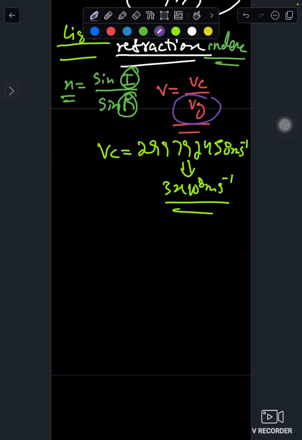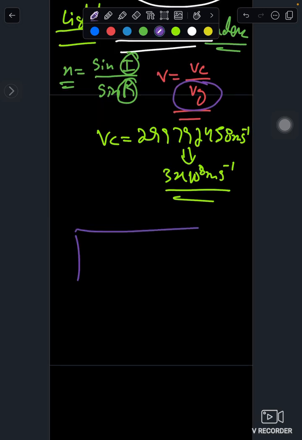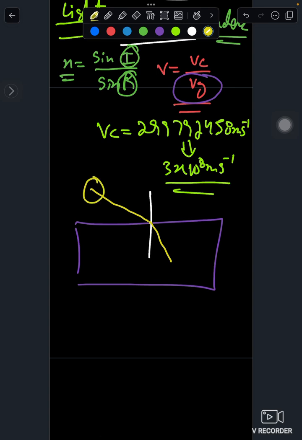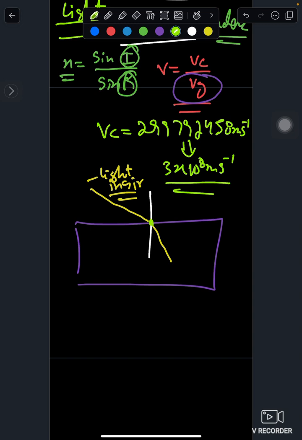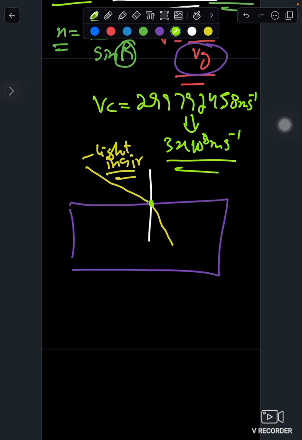Let me first tell you what refraction is. When light travels from one medium, this is light in air, towards the normal, and the moment it reaches the other medium, if that medium is denser than the medium before it, it will curve towards the normal.